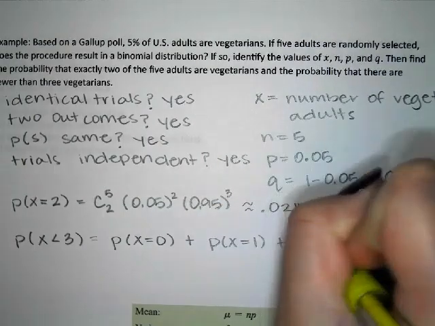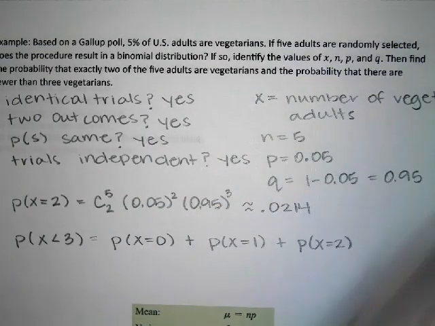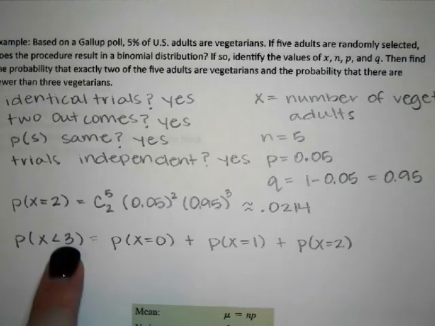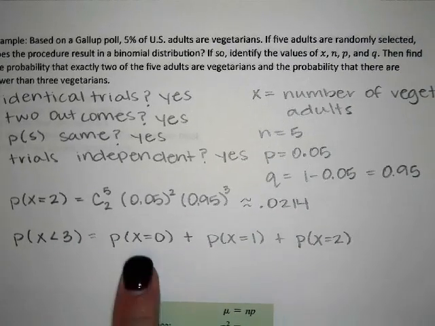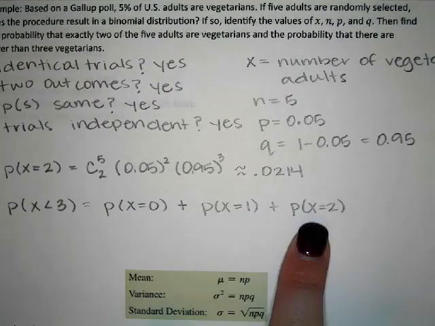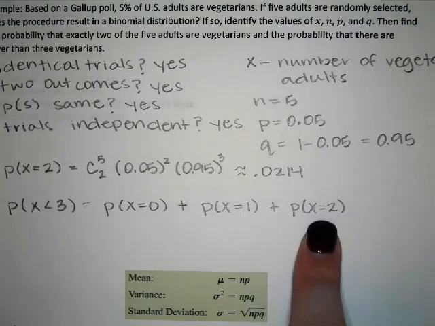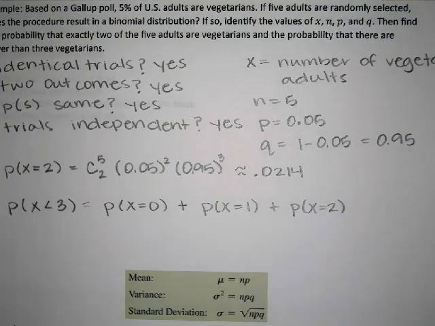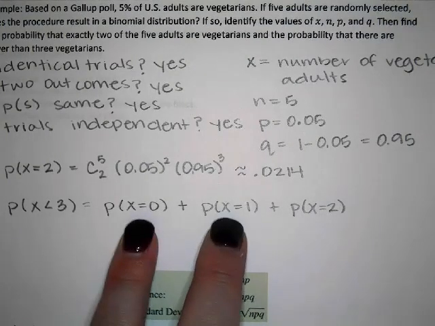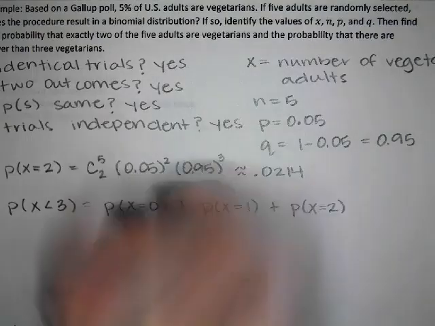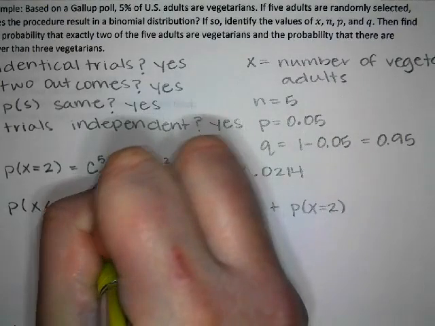Not 3, because it doesn't say 3 or less. It says fewer than 3. So we have to find all 3 of these probabilities and then add them together. We already know the probability that exactly 2 of the adults are vegetarian, but we have to find these 2 probabilities. So we're going to write them both down. We're going to say the probability out of 5 adults that 0 are vegetarian.